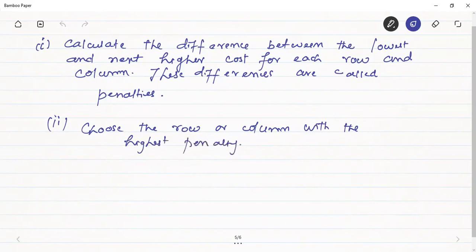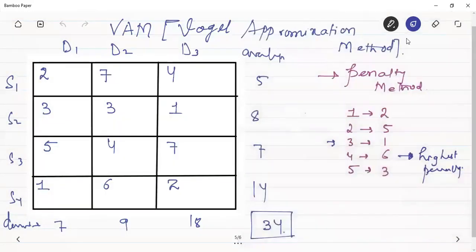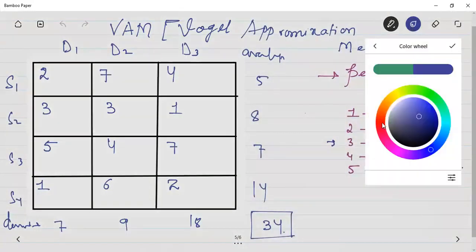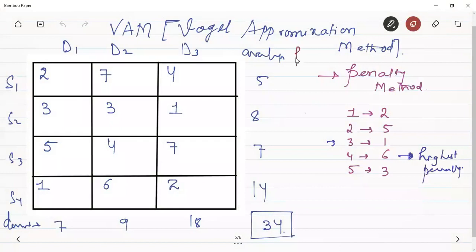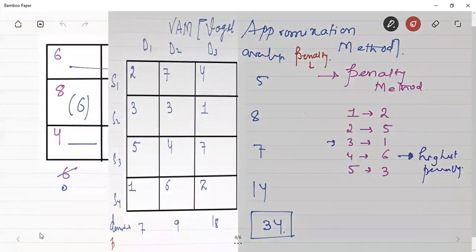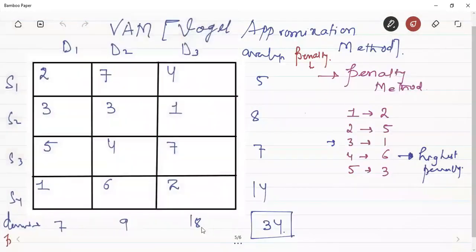Okay, so first of all, let us see here, what do you mean by these penalties? For each row and column, we have to calculate penalty. यहाँ पे हम लिखेंगे rows की penalties, and यहाँ पे हम लिखेंगे columns की. ठीक है? So this is the penalty for column. ठीक है?